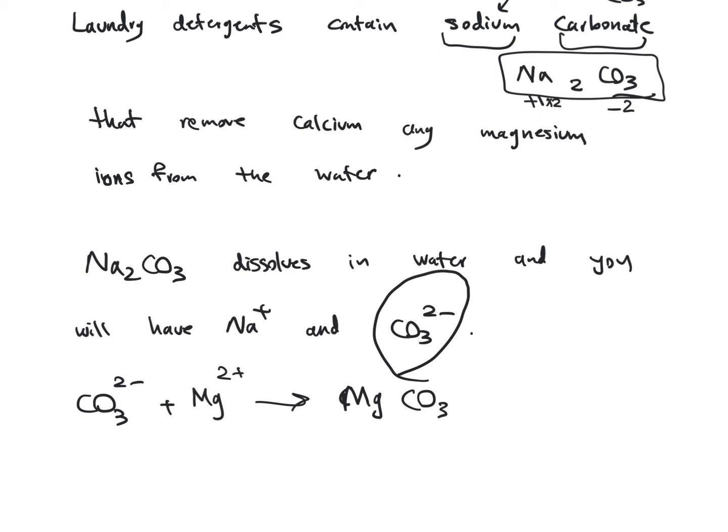So when you use laundry detergent, you don't see the scum, that slimy gray substance that we talked about. Any question about this? Is it clear what happens?